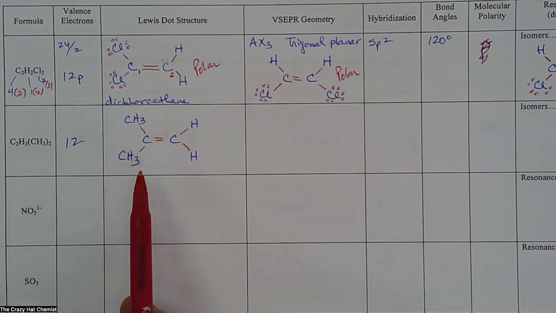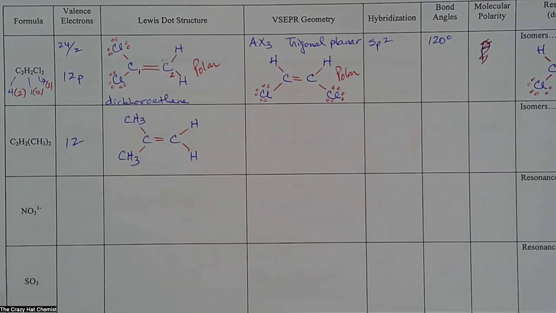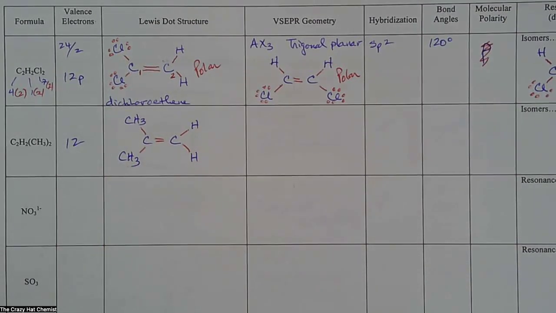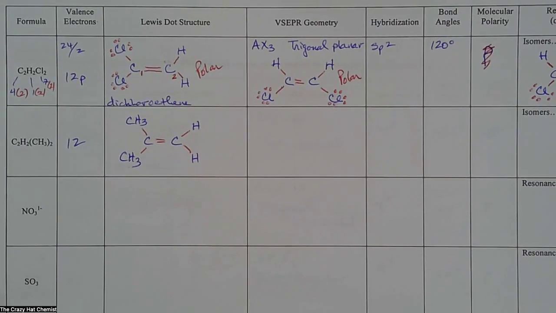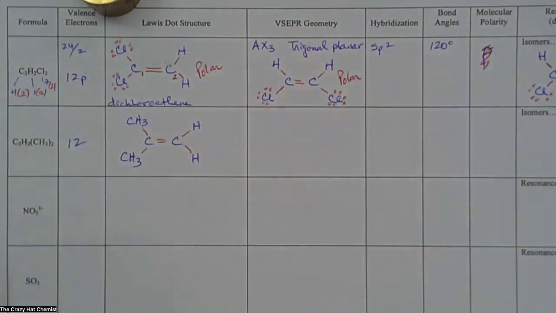dimethyl ethene. It's 1,1-dimethyl ethene compound. It's actually probably a propene compound when it's correctly named, but that's okay. I'm just trying to get you to this simple point right here.